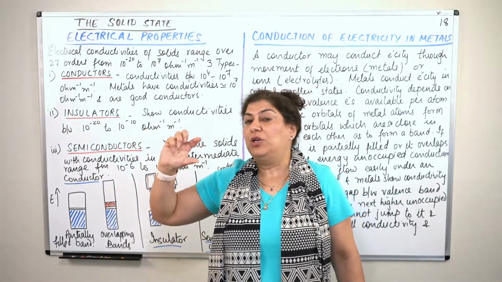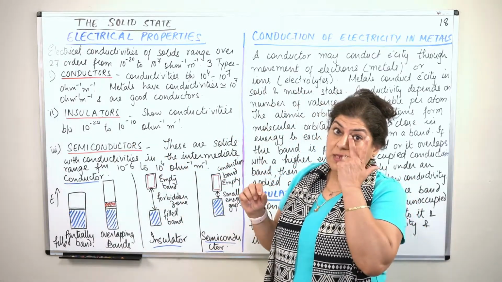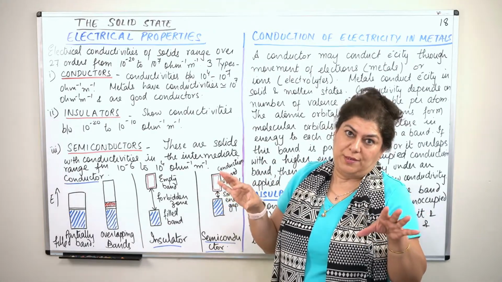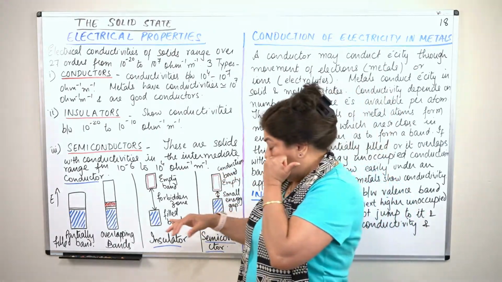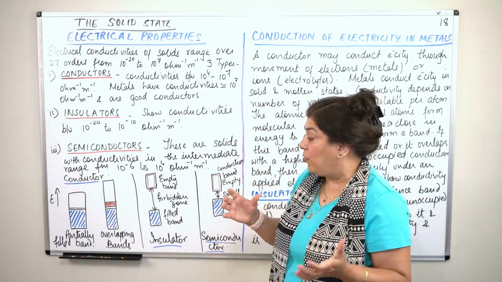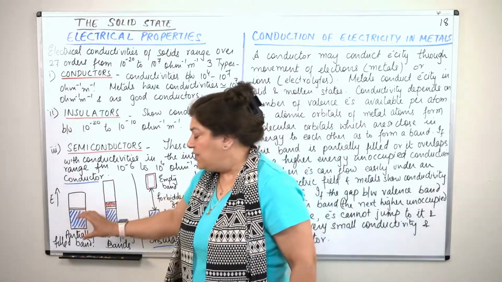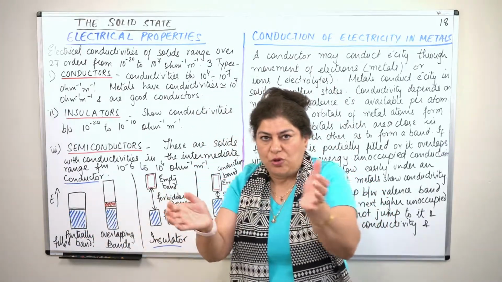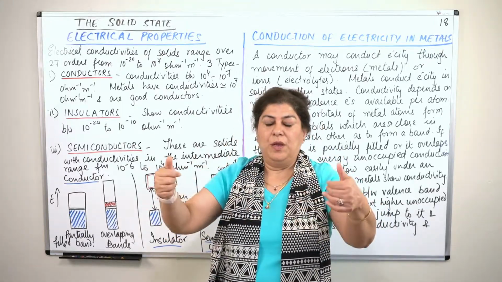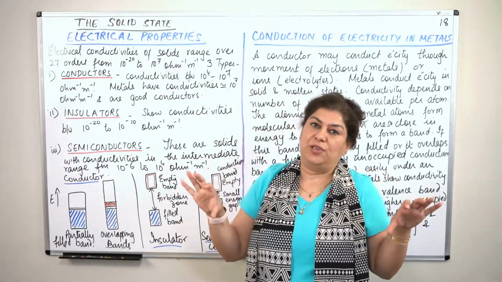So these molecular orbitals form bands, and these bands are called conduction bands or insulation bands. The valence shell, which has these loose electrons, forms a molecular orbital band in which you have the valence electrons.